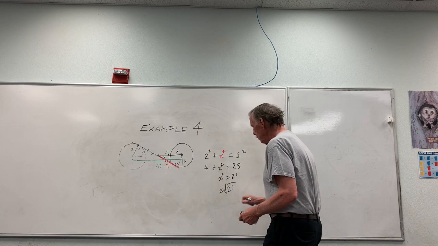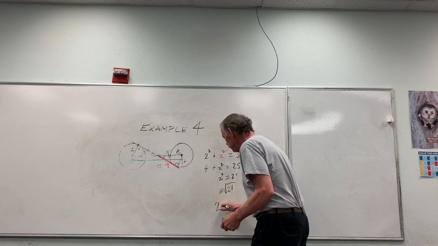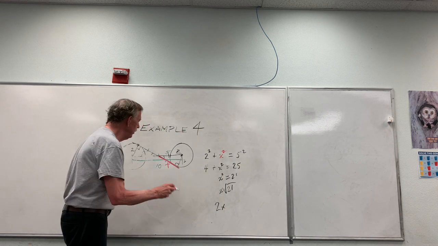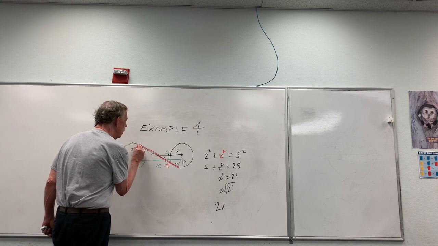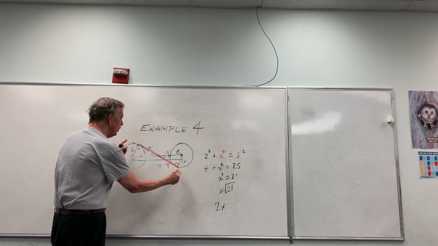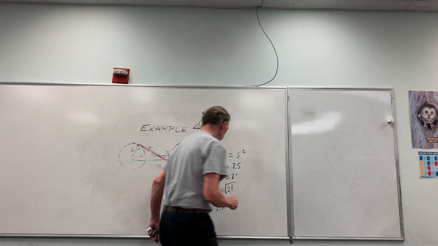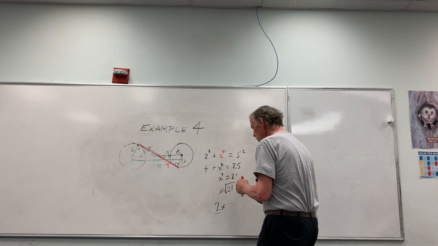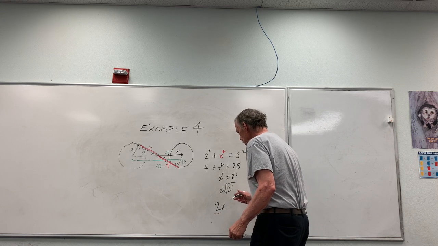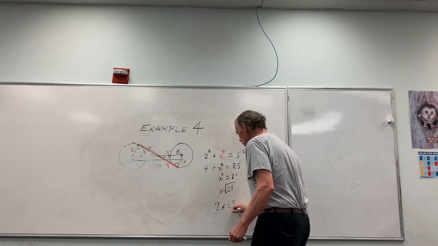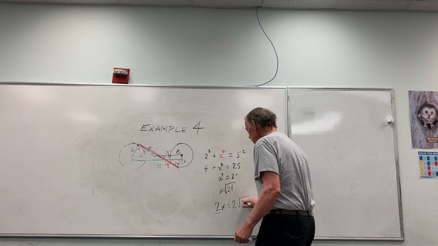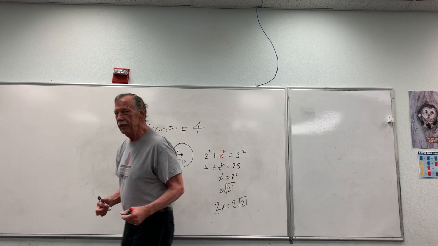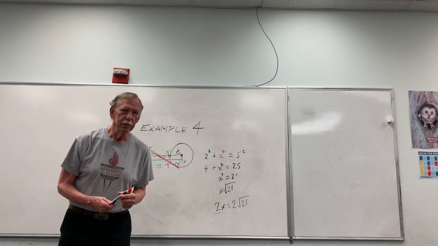So I want 2x because I want the whole length here. The whole thing. That's x, so I have two of them. 2x is 2 times the square root of 21. And that would be the length of this red piece, the length of the internal tangent.